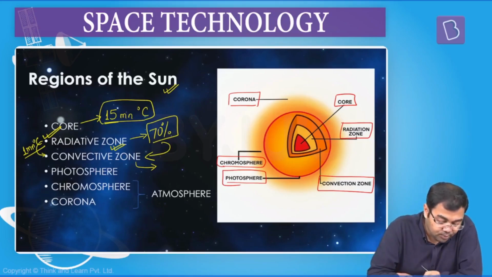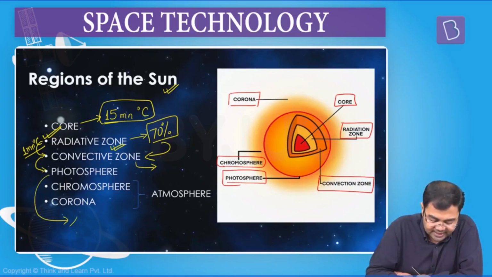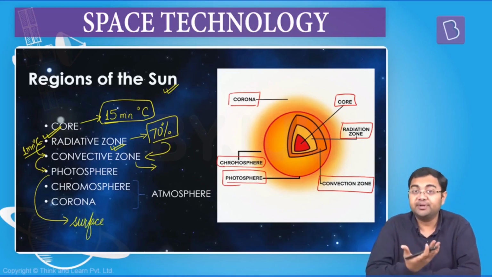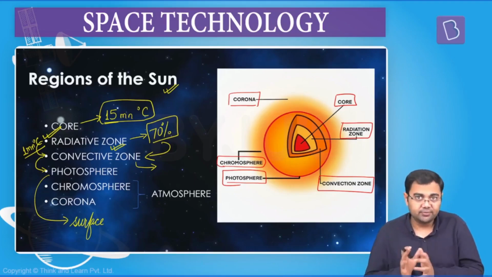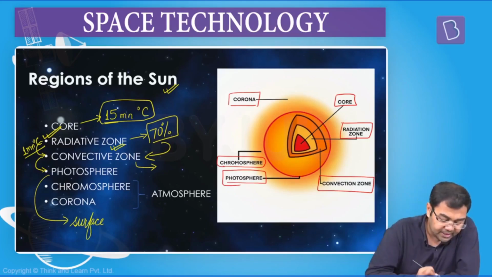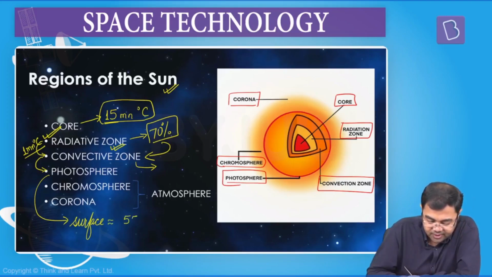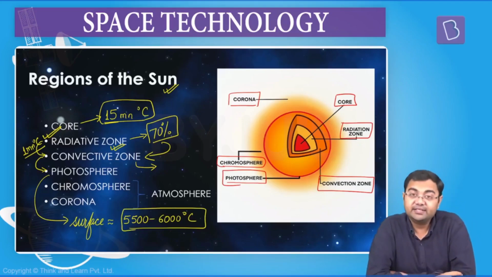Then once you move from the convective zone towards the photosphere, you can imagine the photosphere as the surface of the sun. This is where the atmosphere of the sun begins. You can imagine it's just like the crust of the earth, the surface of the sun. Here the temperature has dropped significantly, and at this point temperatures are approximately 5500 to 6000 degrees Celsius.